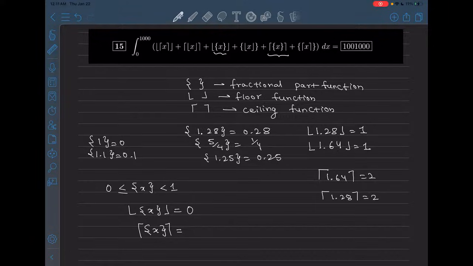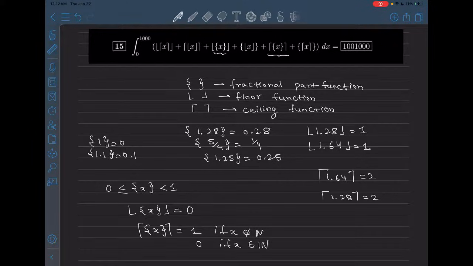No, it should not really always be 1 actually, because if x is, okay, this should be 1 if x is not an integer, but it should be 0 if x is an integer. Or I can write natural number. Do you see why?